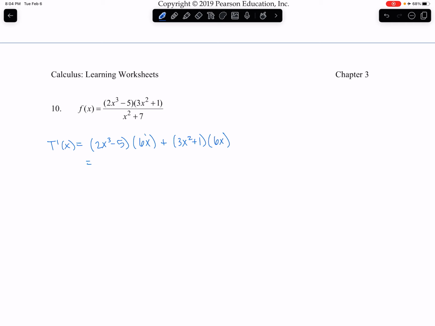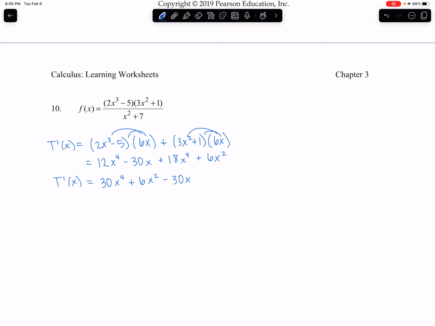Distributing these out will give us 12x to the 4th minus 30x plus 18x to the 4th plus 6x squared. And so the derivative of the top is going to be 30x to the 4th plus 6x squared minus 30x.